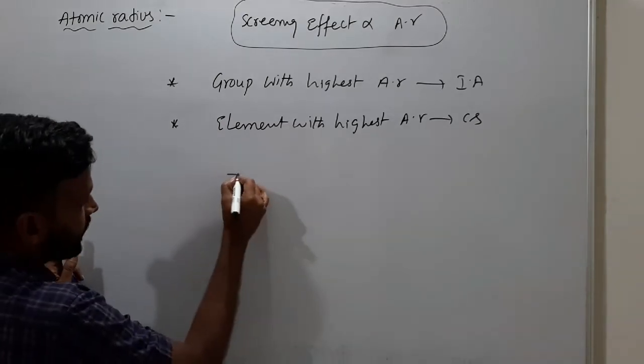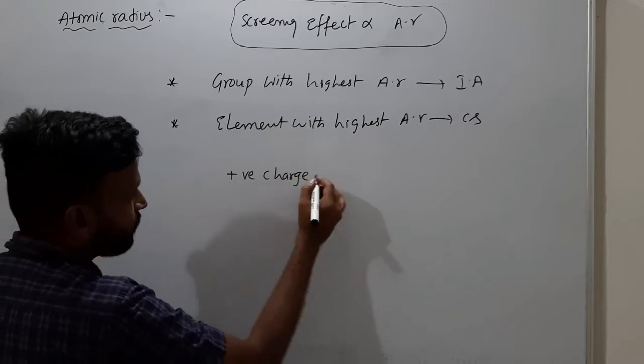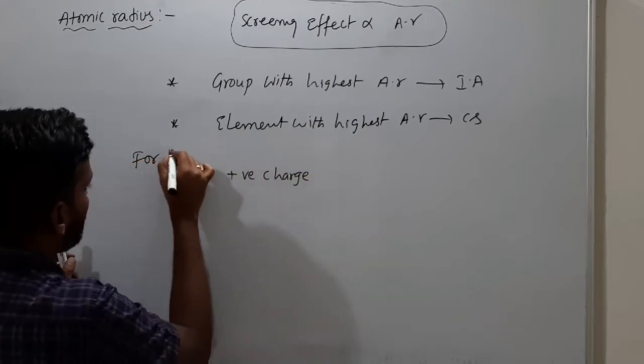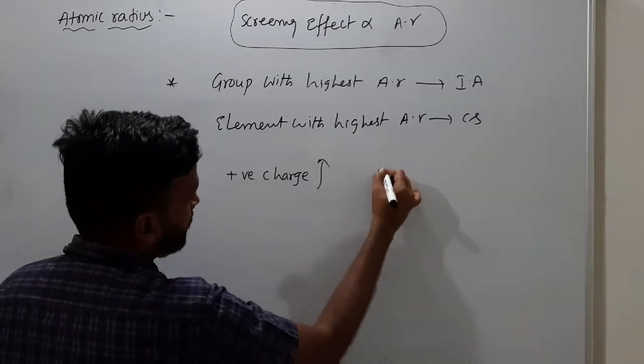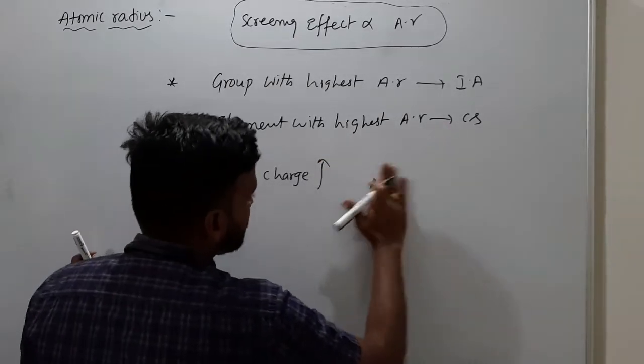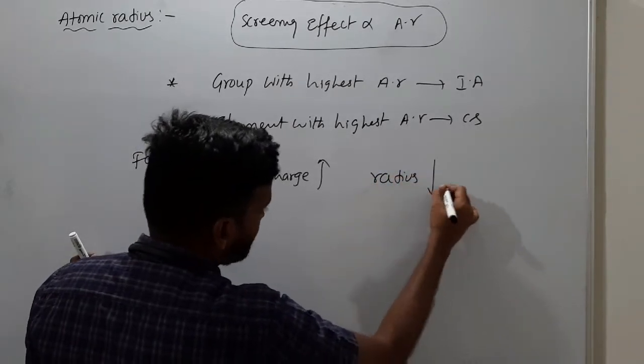And one more thing I was given: for ions, if the positive charge increases, then the radius decreases.